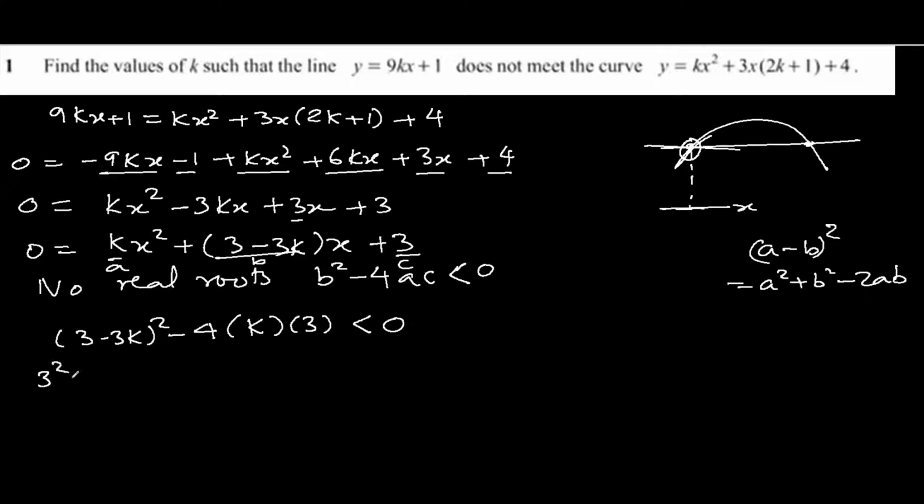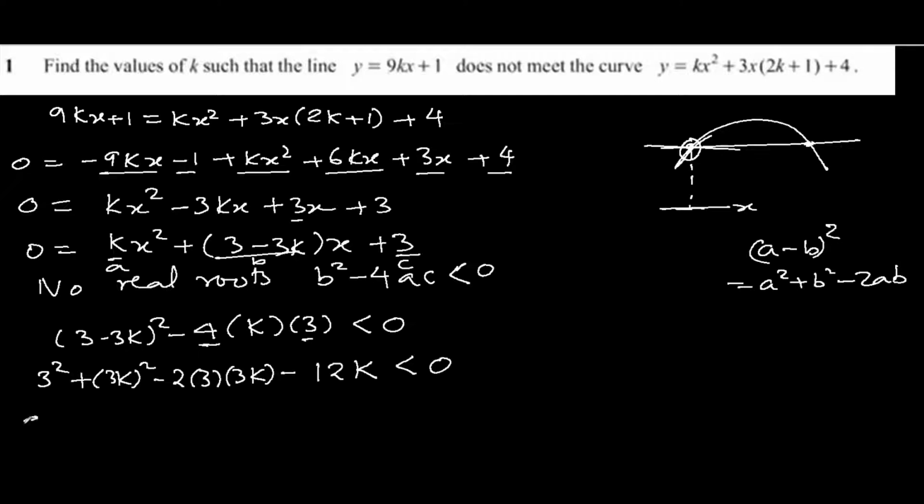A square plus b square minus 2ab, and what does this become? 4 times 3 is 12k, and should be less than 0.